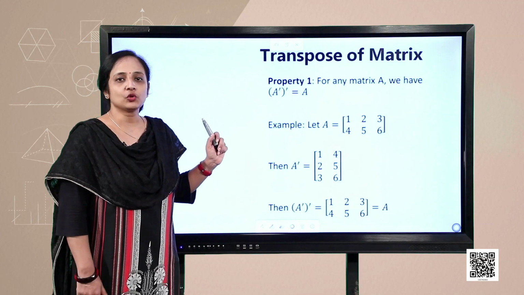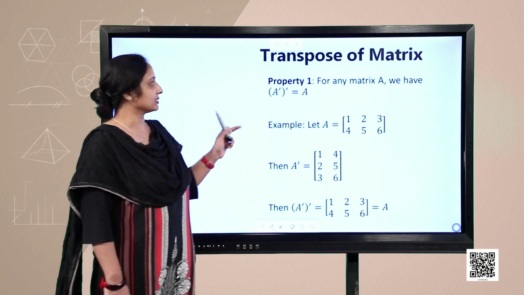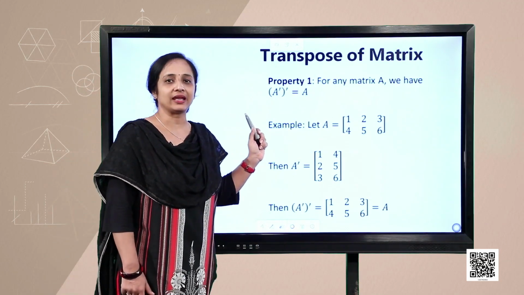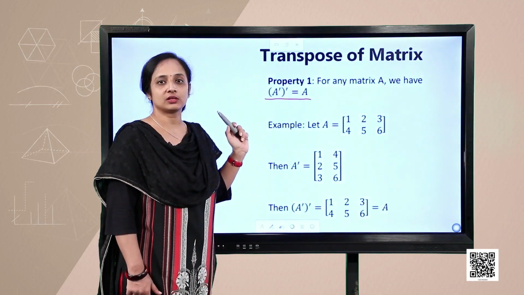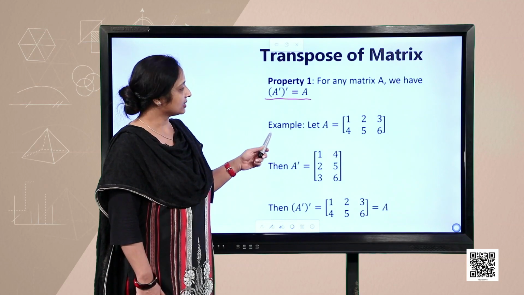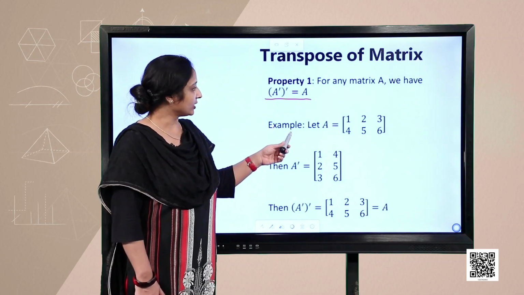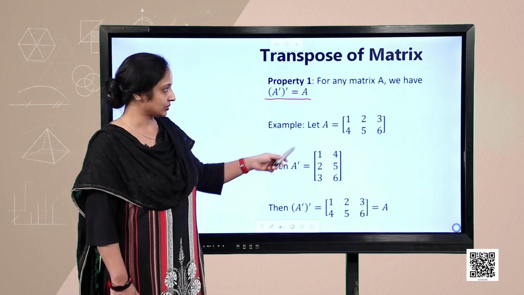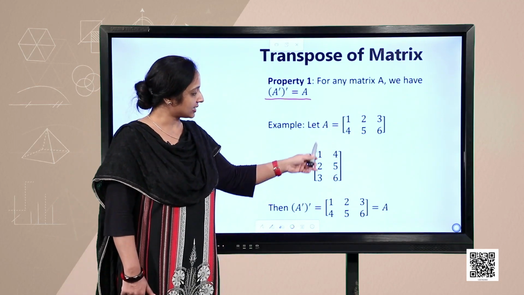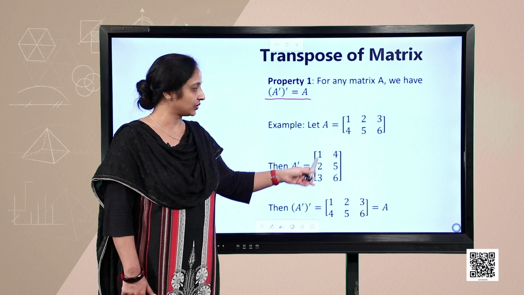So, let us study few properties of transpose of matrix. Property number 1, for any matrix A, we have transpose of transpose of matrix A is matrix A back. For example, let me take A as this matrix, let us take its transpose. So, row 1, 2, 3 has become column number 1, 1, 2, 3.